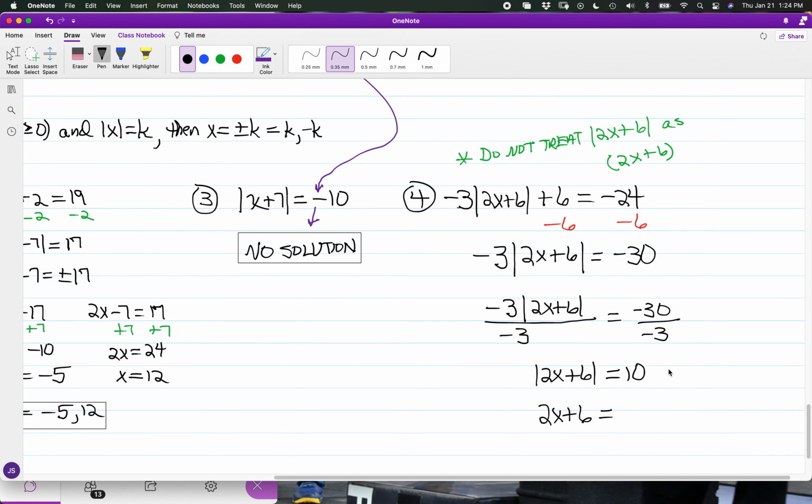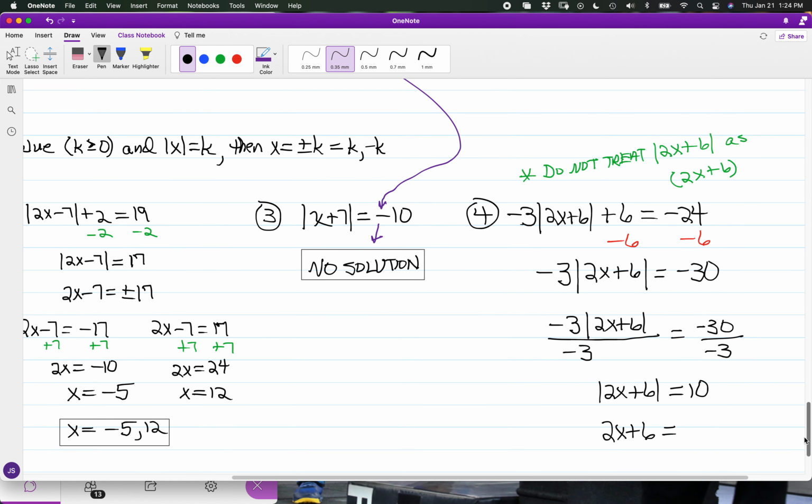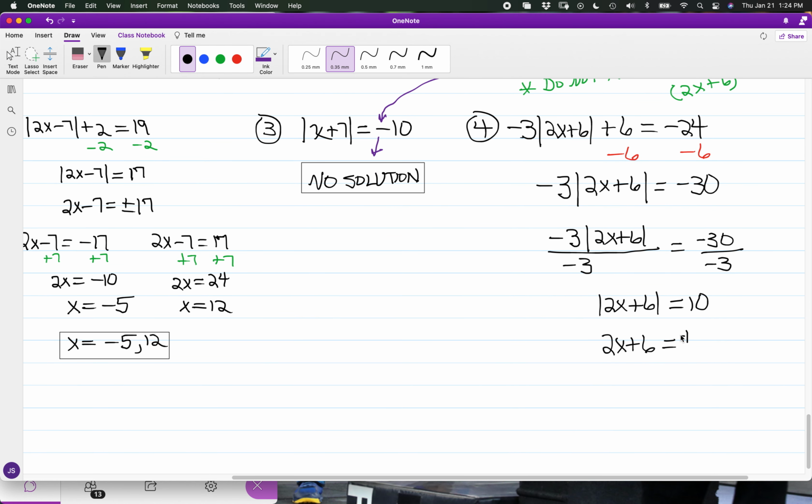One is going to be positive 10 and the other is going to be negative 10. And so in specifying what we're going to have for x, on the lower end I have 2x plus 6 is equal to negative 10, and on the upper end I have 2x plus 6 is equal to positive 10.